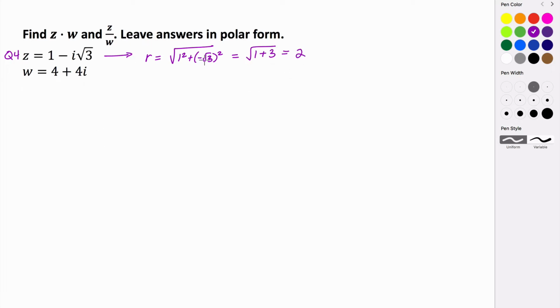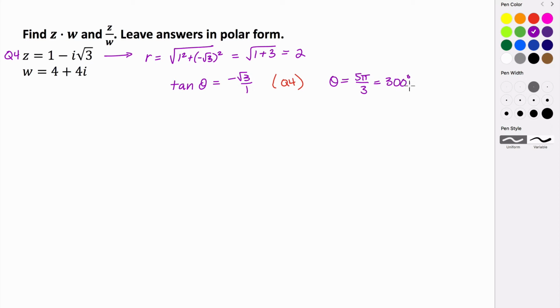So we have that r is 2. And so we're looking for an angle in quadrant 4. So theta, an angle in quadrant 4 whose tangent is negative rad 3 over 1. So the tangent of theta is equal to negative rad 3 over 1. Remember we're looking for quadrant 4. This angle is going to be 5 pi over 3 or 300 degrees.